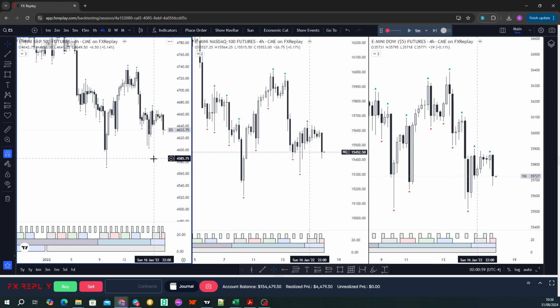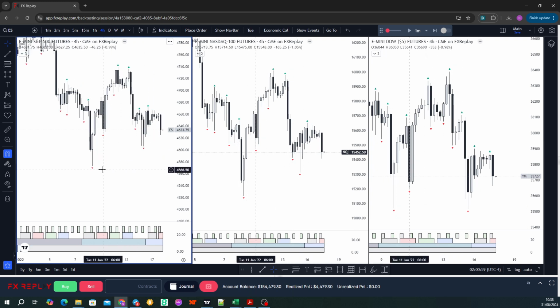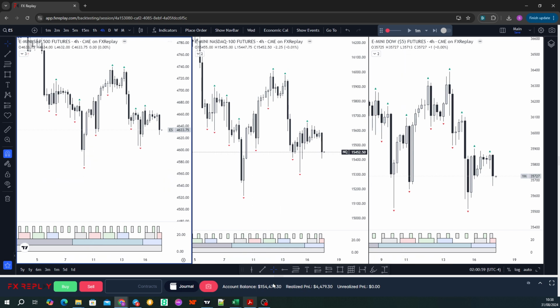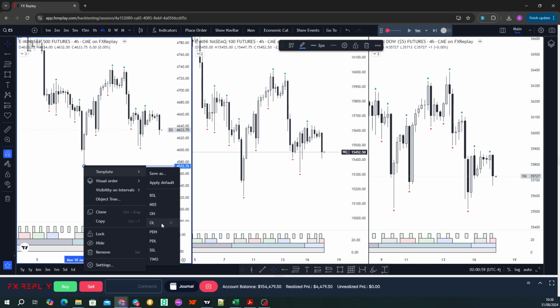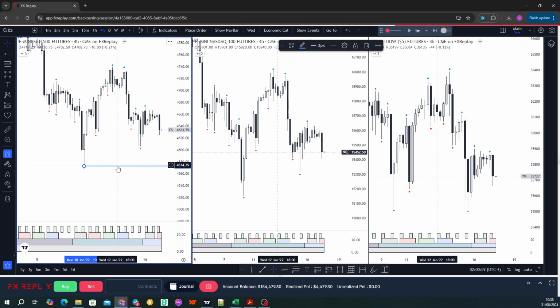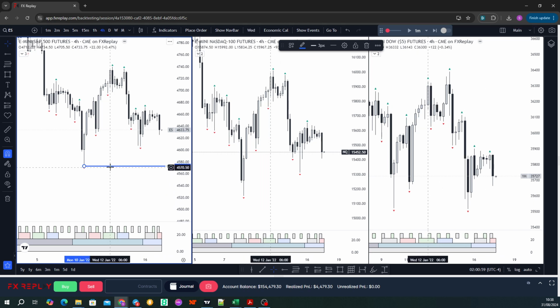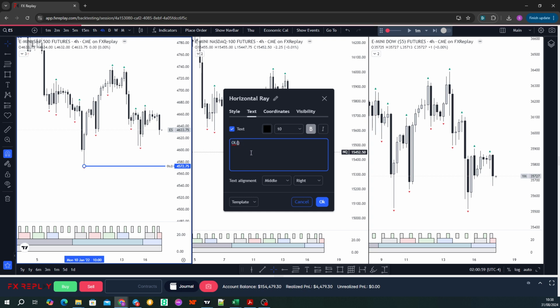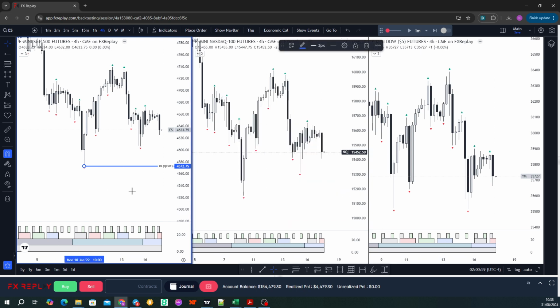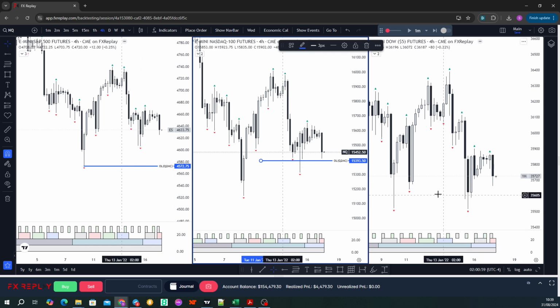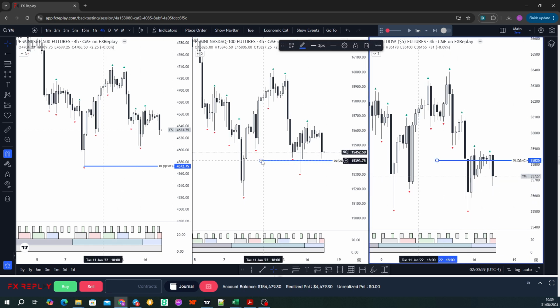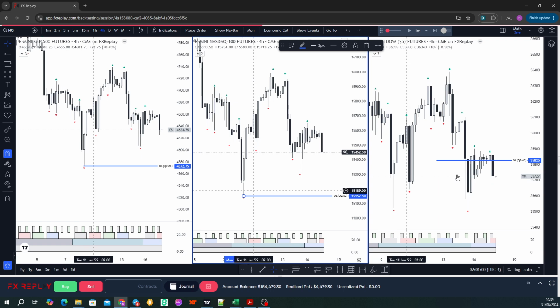So it's safe to say that we're in Q3 of the monthly cycle. Okay, so let's take some key levels, and we're just going to transpose those onto the other charts to help build.